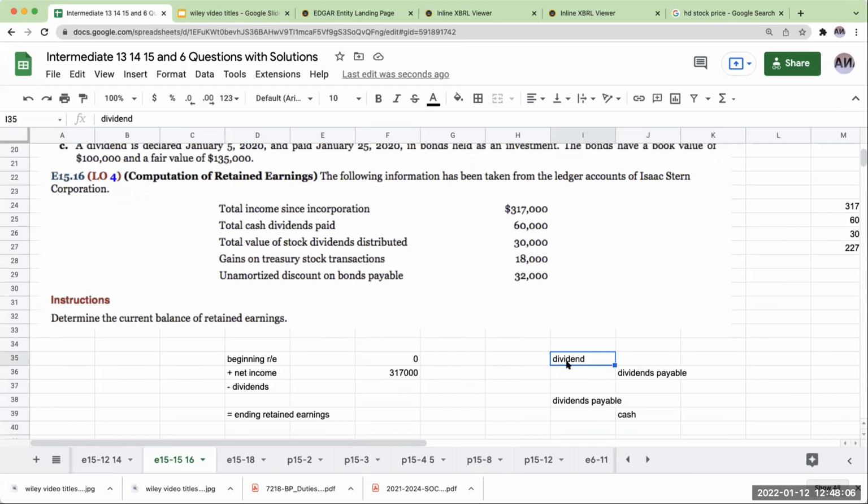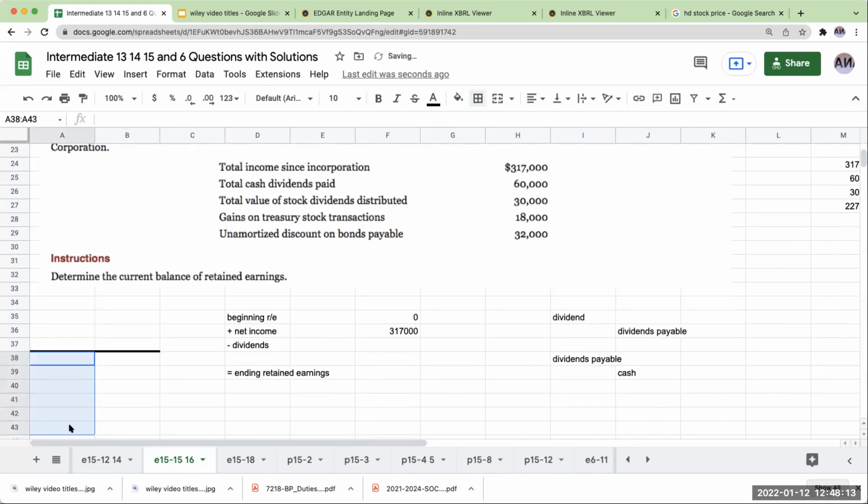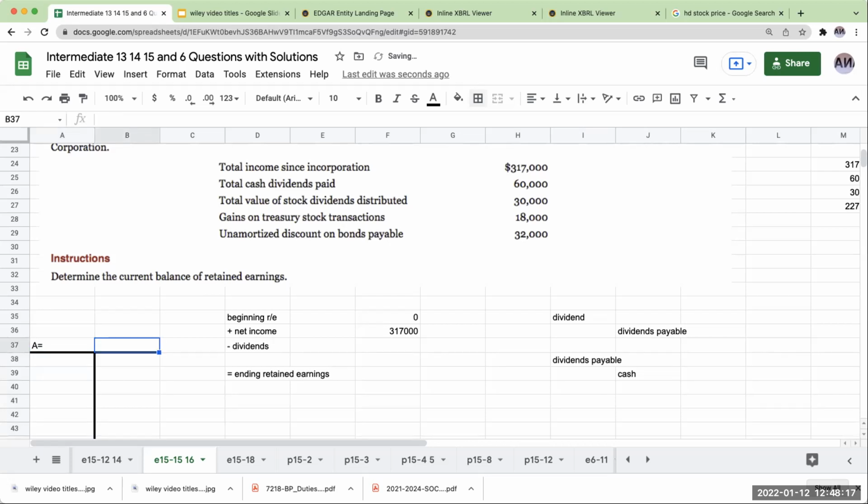When it gets closed out to retained earnings, which is an owner's equity account that typically has a credit balance, I credit dividends to make it go to zero and debit retained earnings to close it out. Therefore, it decreases my retained earnings.